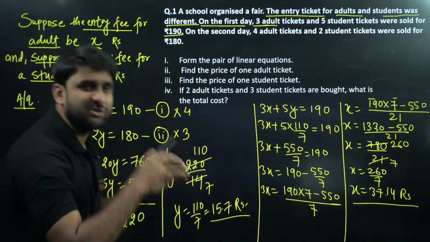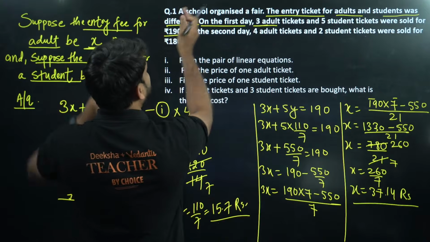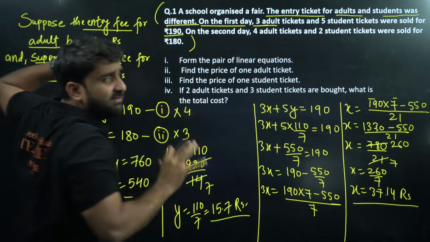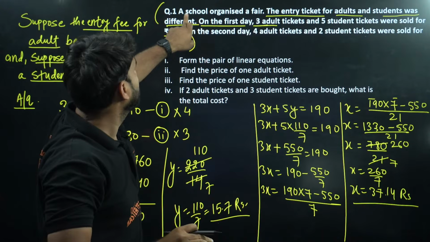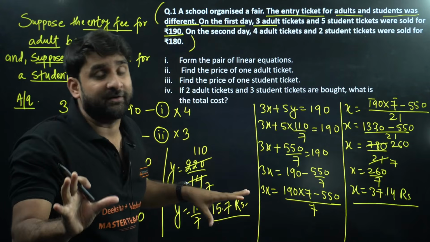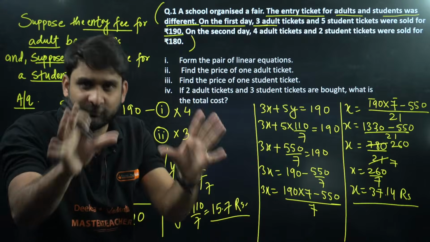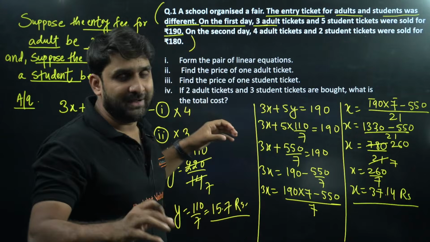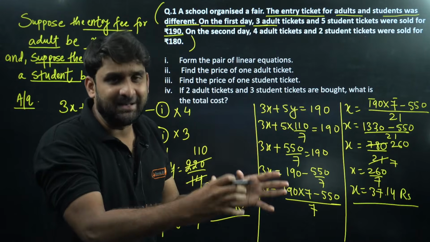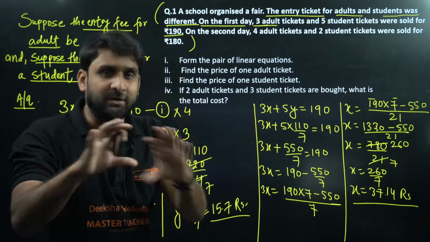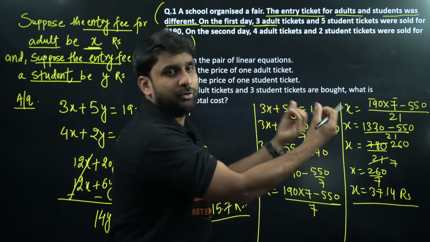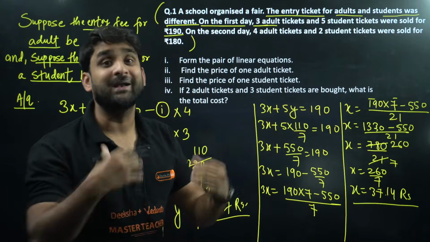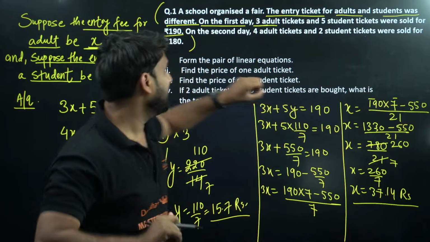So basically in this question, there is some condition given here. We are talking about a school that organized a fair, meaning there is an event in a school. The entry tickets for adults and students were different.